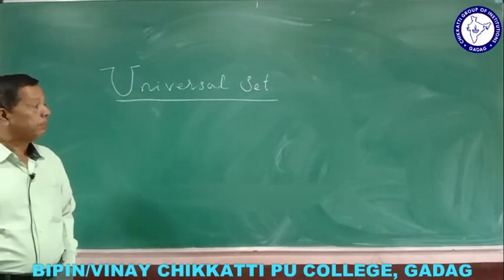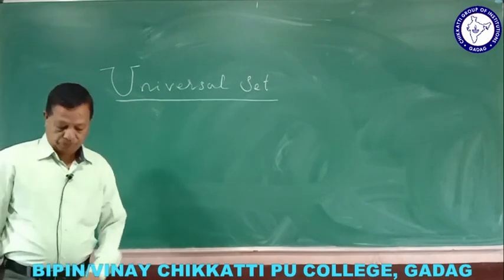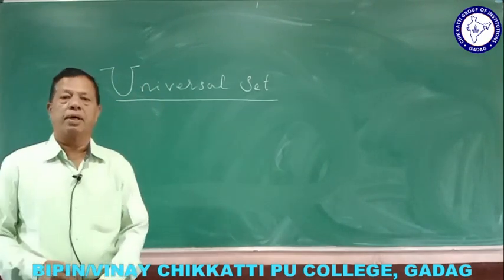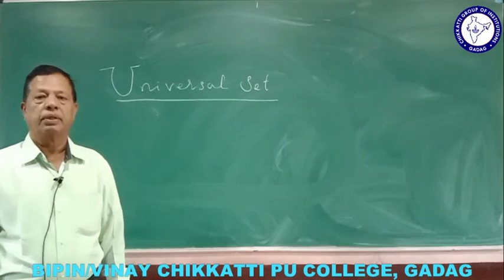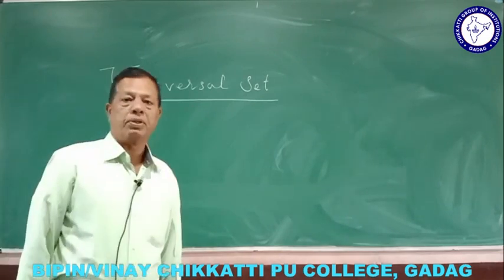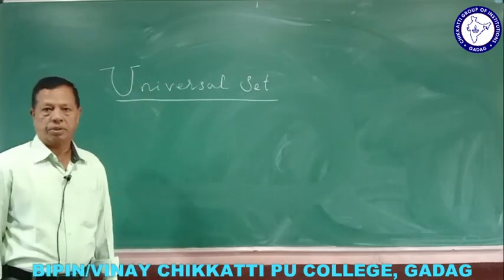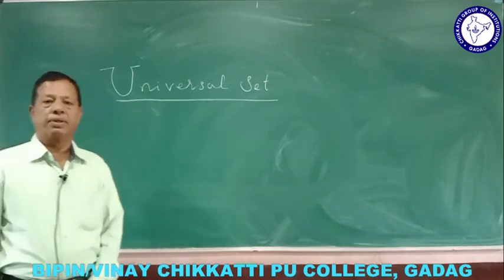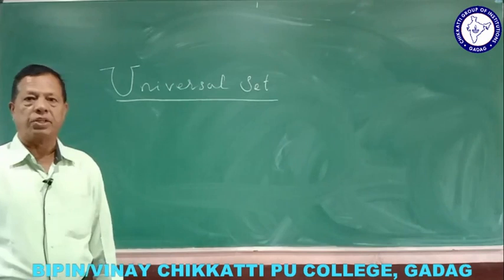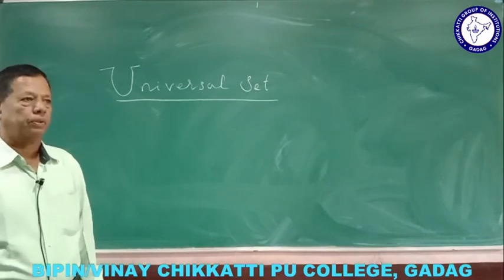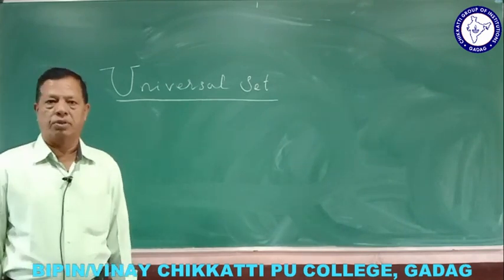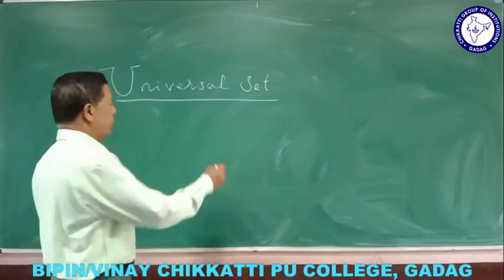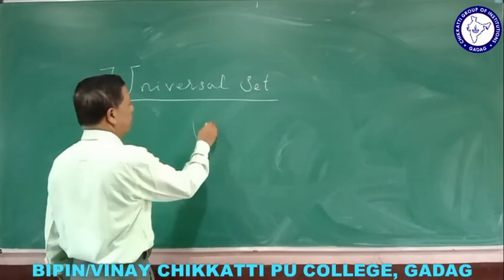Once again, if there are some sets under consideration, there happens to be a set which is a superset of all given sets, that is called the universal set of those sets. Universal set is denoted by the symbol U.